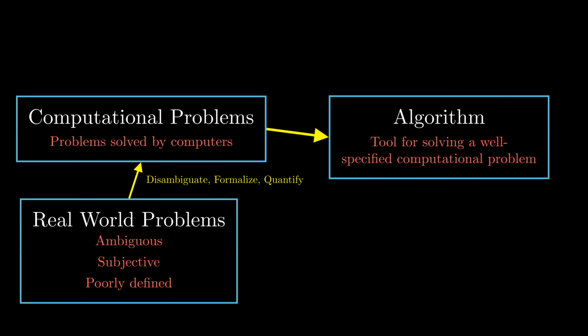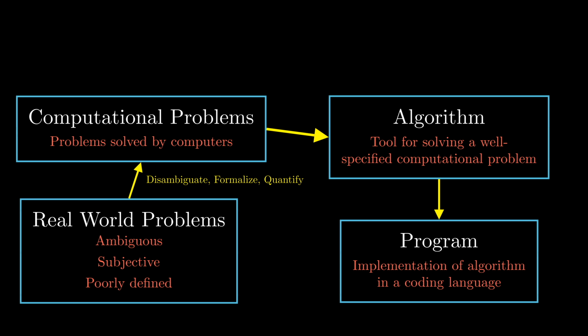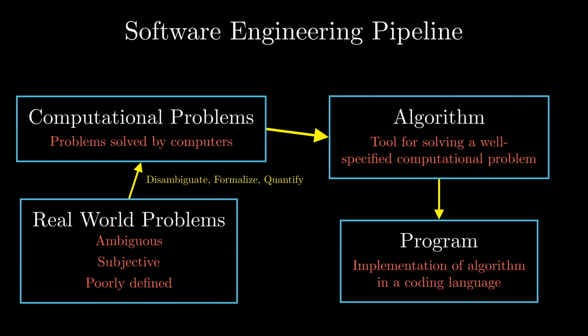And once that has also been made, the last step is to implement the algorithm in code in the form of a program. We'll learn more about algorithms and programs in the upcoming videos, but as a whole, these four steps comprise the software engineering pipeline that solves a real-world problem using software.